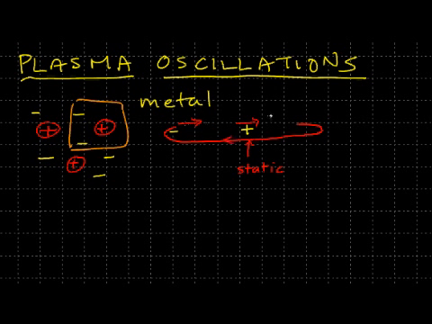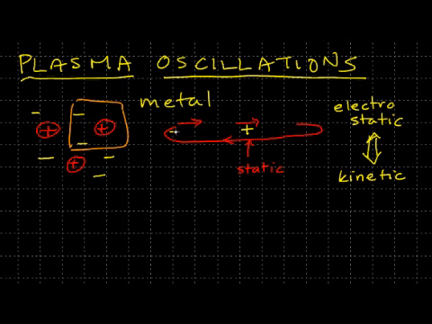And the oscillation, you can think of oscillations in terms of exchange of energy. So the exchange of energy here is between an electrostatic energy and a kinetic energy. Actually the exchange happens twice per oscillation period.